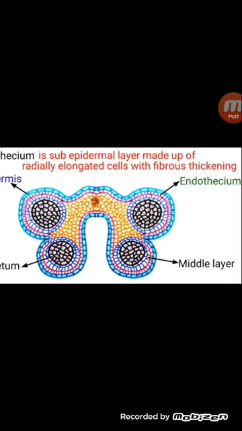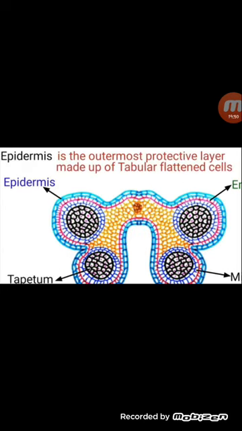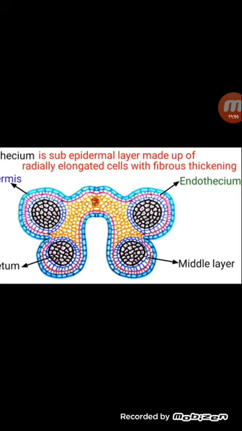The one drawn below the epidermis in red color is endothecium. They are elongated as compared to epidermis. How was epidermis made up? Tabular flattened cells. This one is made up of elongated cells. It has fibrous thickening.